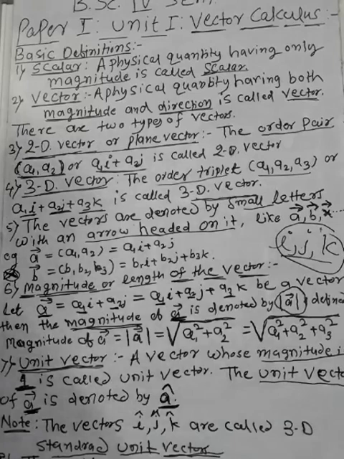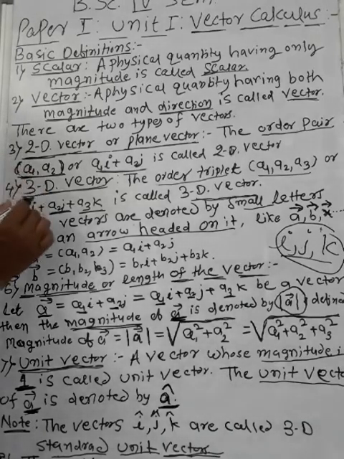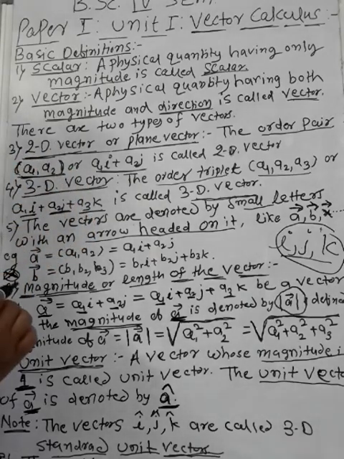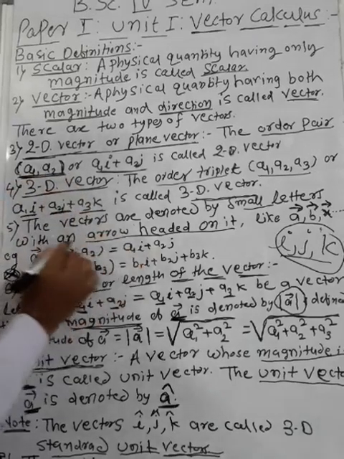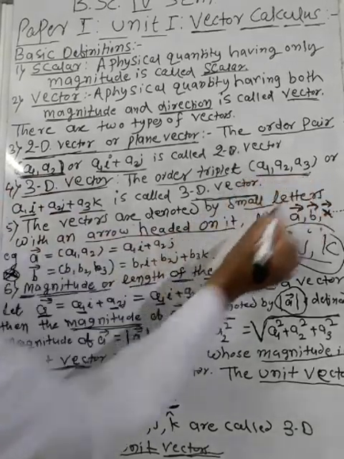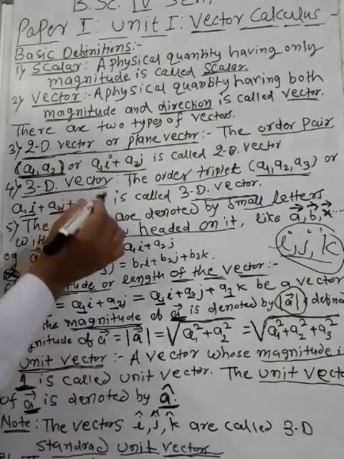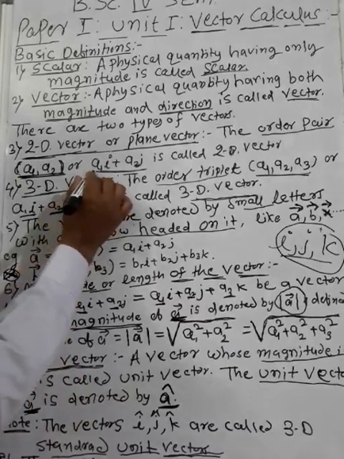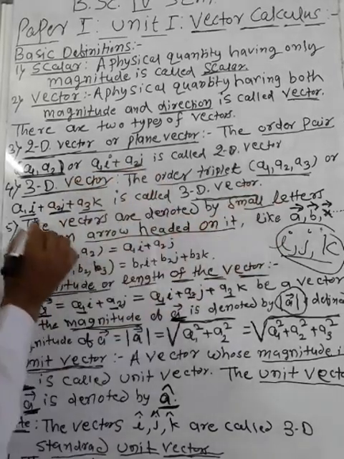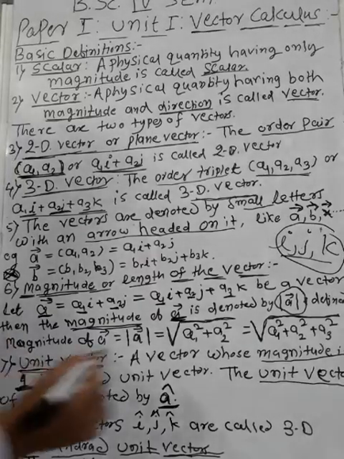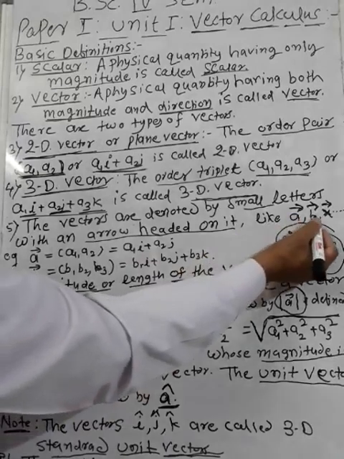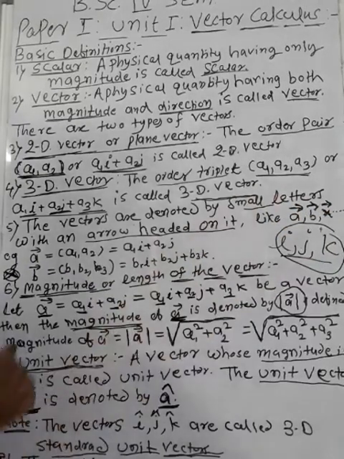Out of these basic definitions, remember that there are two types of vectors, two-dimensional vectors and three-dimensional vectors. A vector can be represented either in terms of an ordered pair or ordered triplet, or in terms of unit vectors i, j, k. Vectors are always denoted by small letters with an arrow on top.